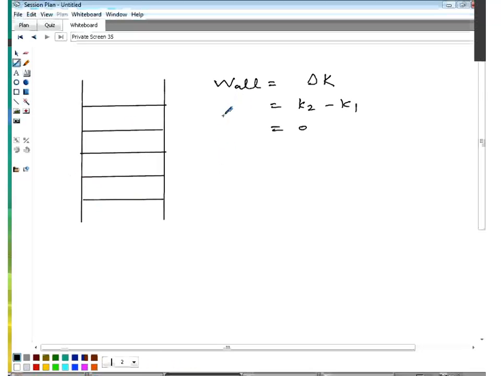mg, yes. Who else? It could only be internal. If something is going up, mg is acting downwards, work then has to be negative.